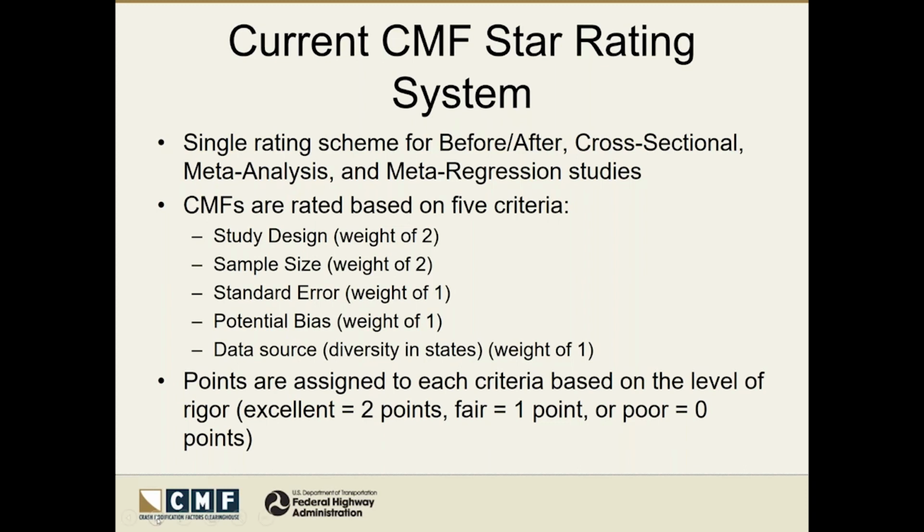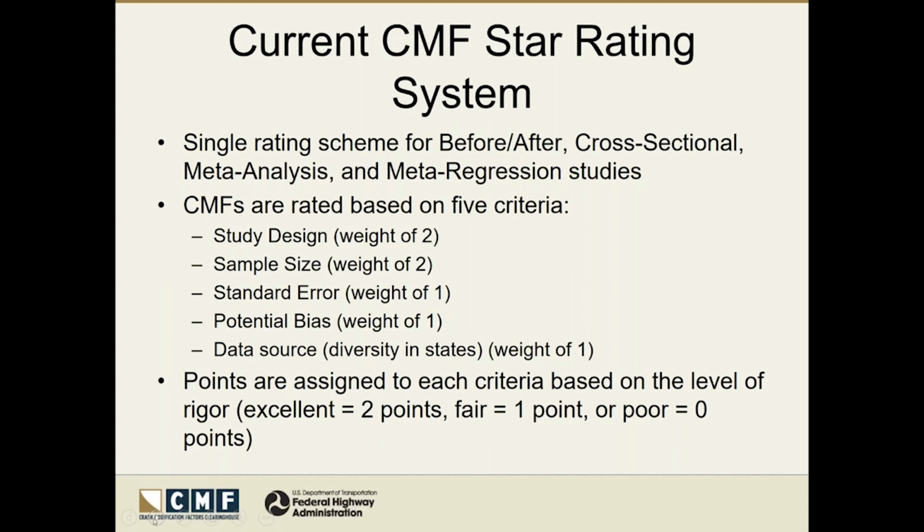Points were then assigned to each of these criteria based on the level of rigor. So if the criteria exceeded the standard, they received an excellent rating. If it was at the fair or at the standard expected level, you get a fair rating. And if it didn't meet the criteria at all, it got 0 points.